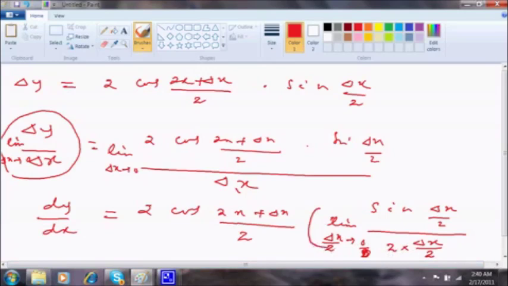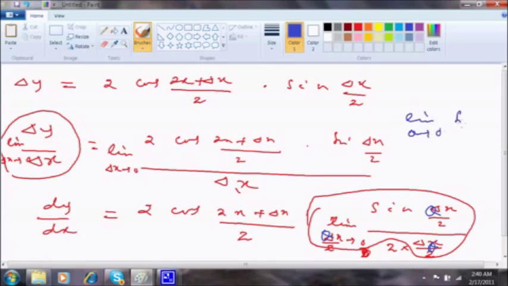Now this much of quantity, let me say, delta x by 2, you are taking as theta. So this is theta, this is theta, this is theta, and this becomes limit theta tends to 0 sin theta by theta, which is 1. So this part goes off as 1. You can make out that there is a 2 left over here, but I can easily cancel it with this 2.